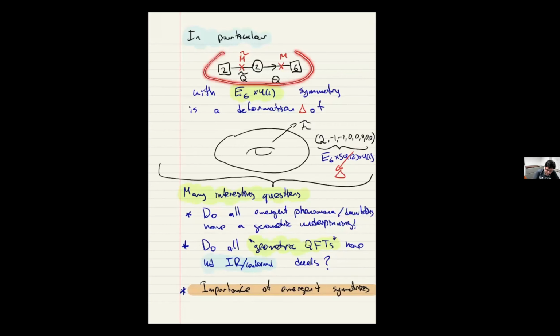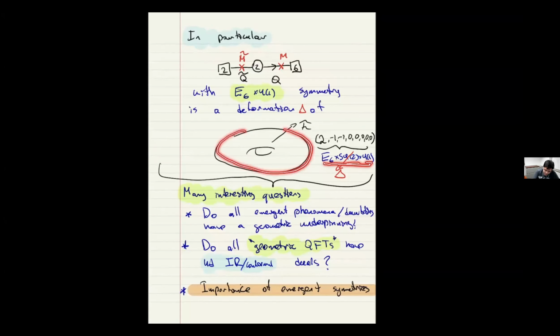We had this very neat example of SU(2) gauge theory with 8 fundamentals, which had an E6 symmetry times U(1), which we analyzed in detail. This type of theory you can obtain in these constructions by looking at a torus with some value of flux, a flux which breaks E8 to E6 times SU(2) times U(1).